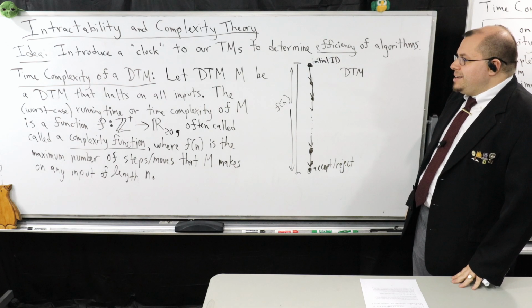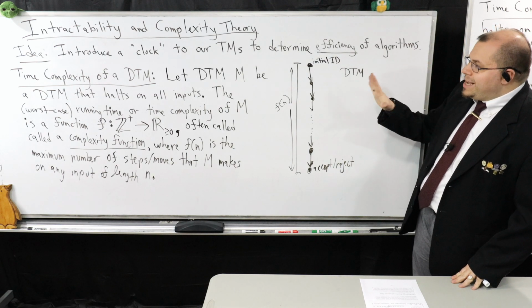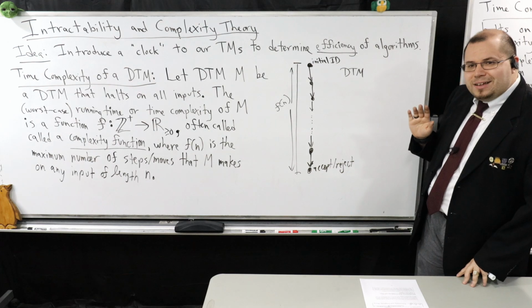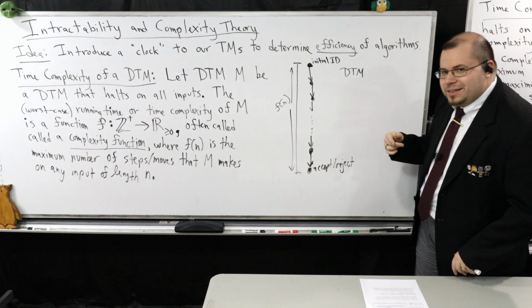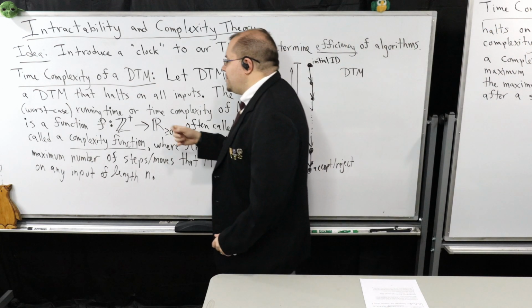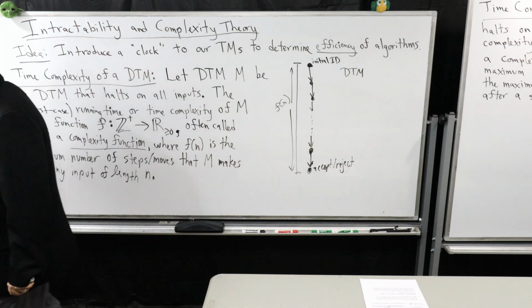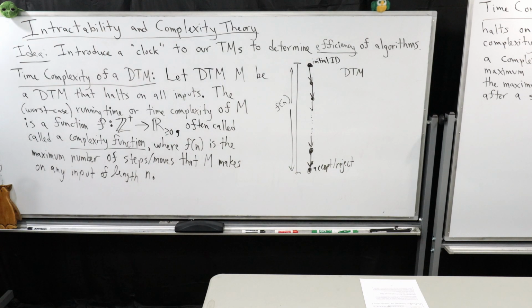So here's the idea. First, I'm just going to recap something I've said previously, but I'm going to phrase it a little bit more carefully this time. I'm going to talk about the time complexity of a deterministic Turing machine, so a DTM. Remember, I used this acronym earlier on in the course when we were talking about deterministic versus non-deterministic.